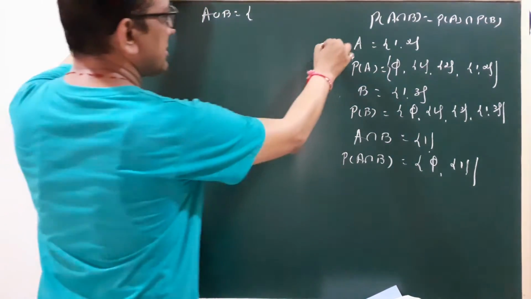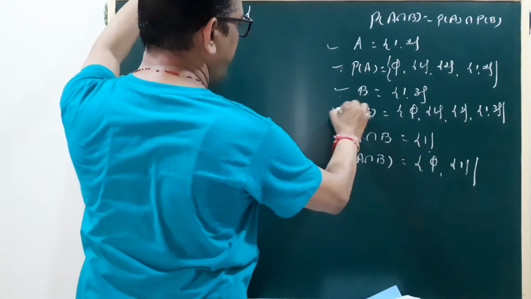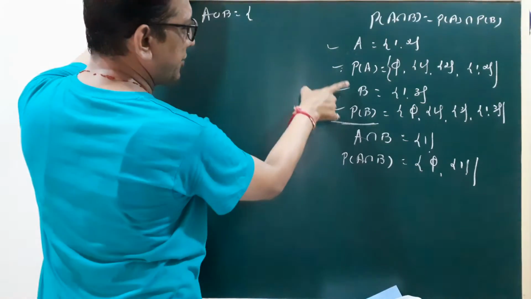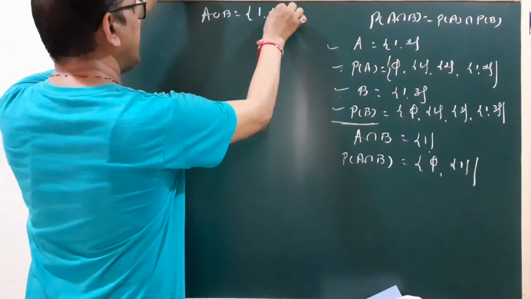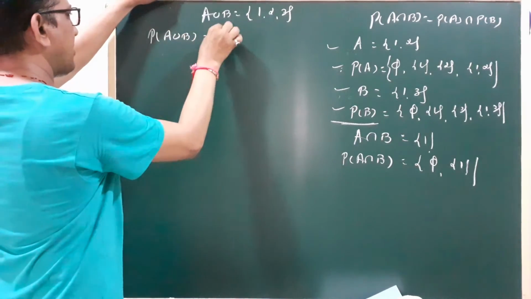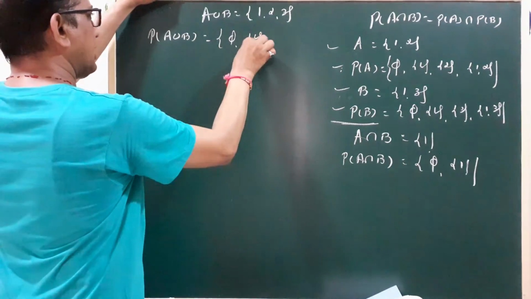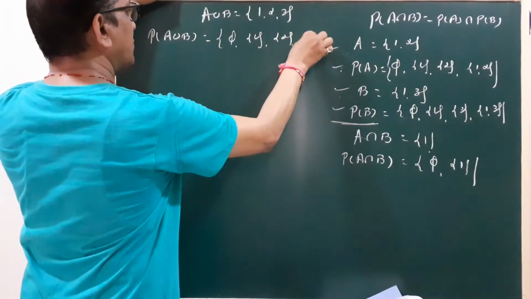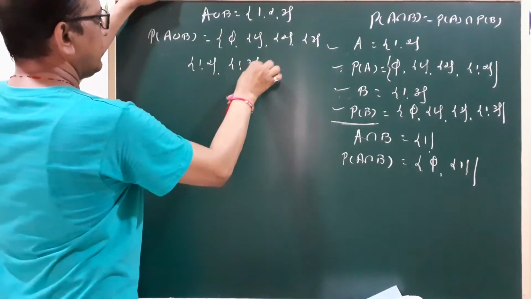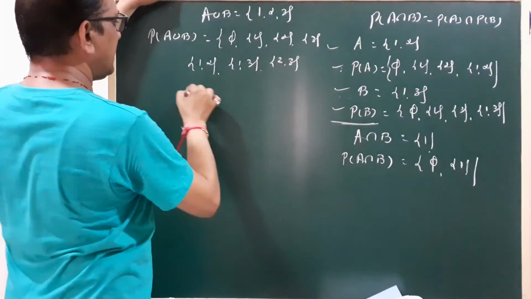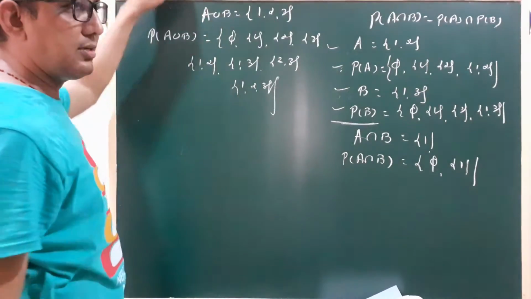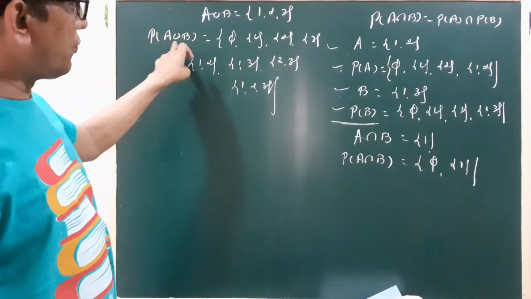Now we take A union B, which is {1, 2, 3}. Now the power set of A union B: phi, {1}, {2}, {3}, {1, 2}, {1, 3}, {2, 3}, and the last one, the set itself. Is it clear?